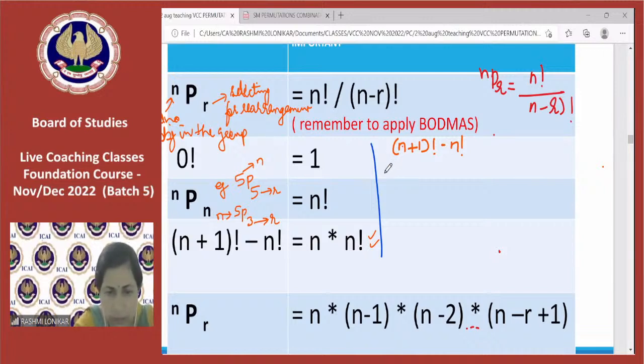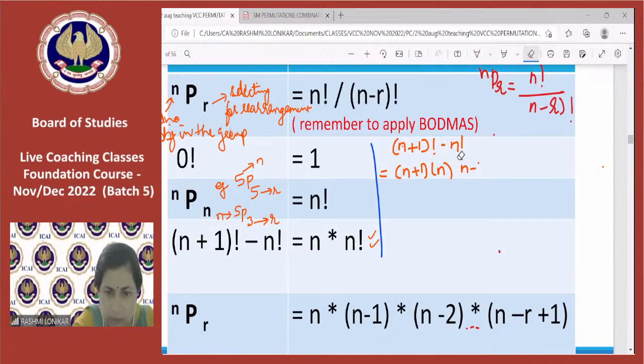Now n plus 1 factorial can be written as n plus 1, and I subtract 1 from this, so this will become n. We don't even need to go up to there. We're just writing this as a simpler one: n plus 1 into n factorial, minus n factorial.